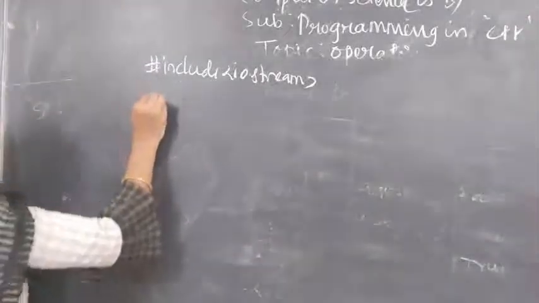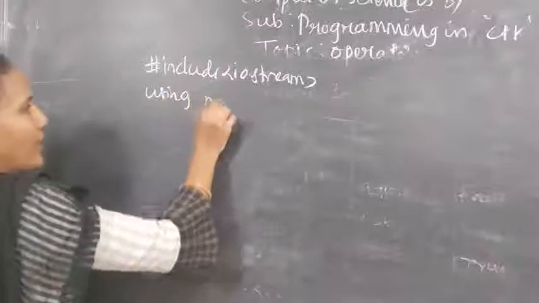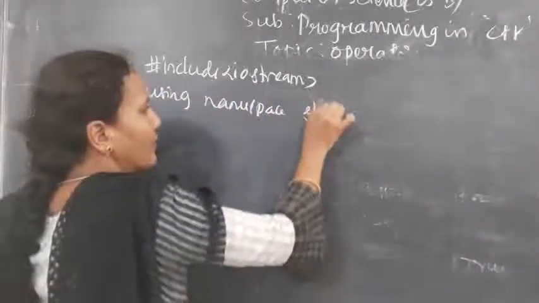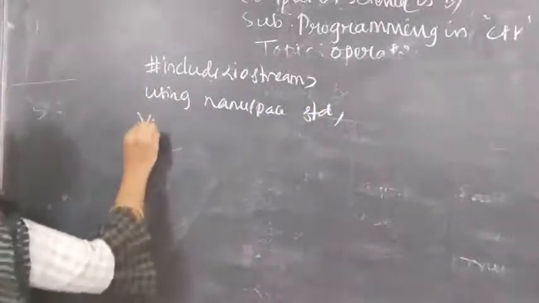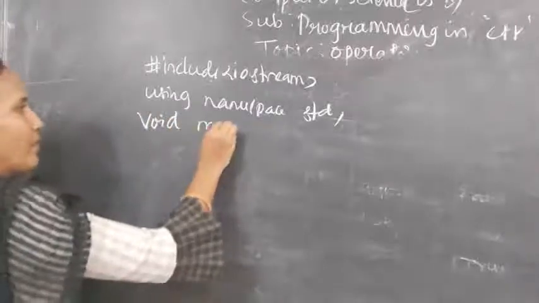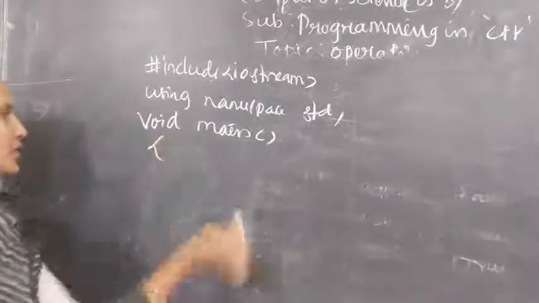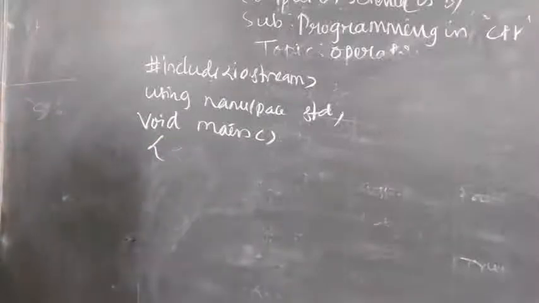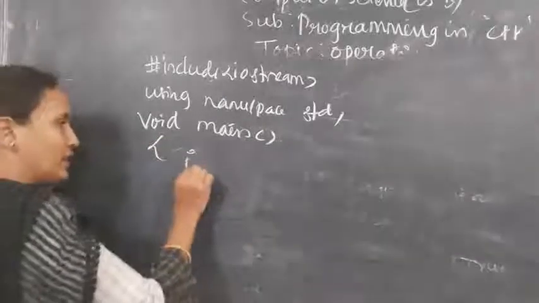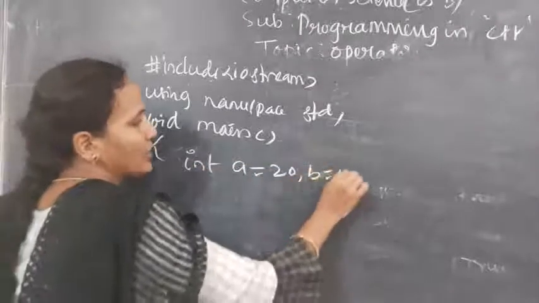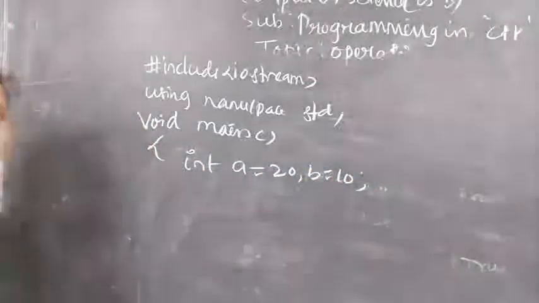Next, using namespace std means we are using functions from this library file. Next, void main. It is the main function, from which your program execution starts. Now here I am declaring the variables: int A equals 20, B equals 10, or you can use cout and cin also.